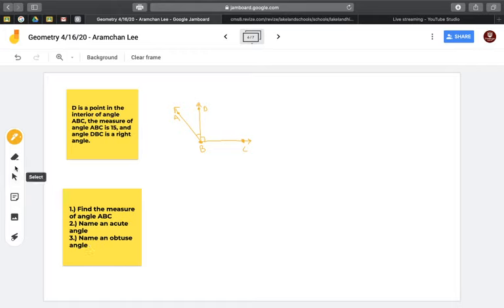So first, let's list our givens and see what we can conclude from them. So D is a point in the interior of angle ABC. So this is right here, angle ABC, and D is on the interior, which means the inside of it. The measure of angle ABC is 15 degrees. So let's write that down.